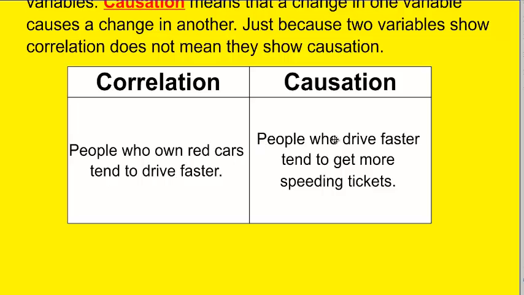Causation would be that people who drive faster tend to get more speeding tickets. That is a direct cause because driving faster puts you in a situation to get a speeding ticket. There's a direct, definite link between those two. The first one is simply just a relationship between noticing something about people who drive red cars and noticing something about people who drive faster.